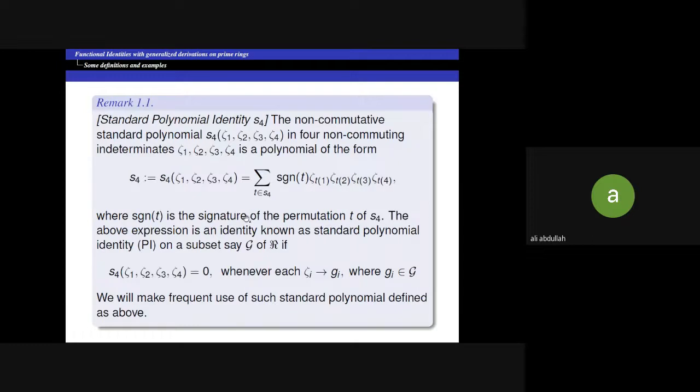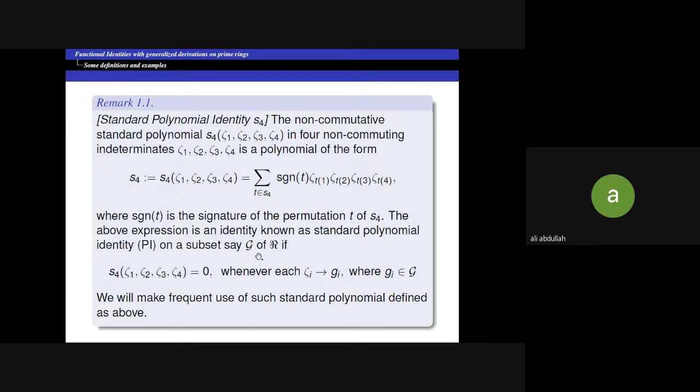Now we give the definition of the standard polynomial identity. The non-commutative standard polynomial is given by this, where sgn is the signature of the permutation tau of the symmetric group S4. Then s4 is called a polynomial identity if it vanishes on some subset.